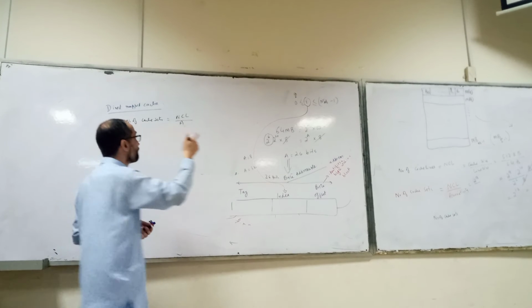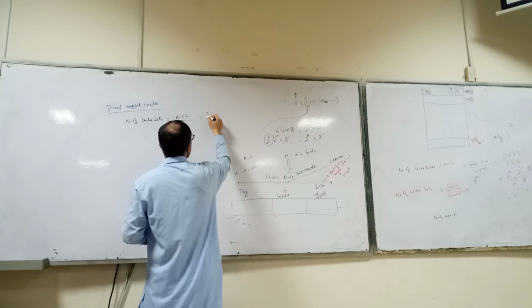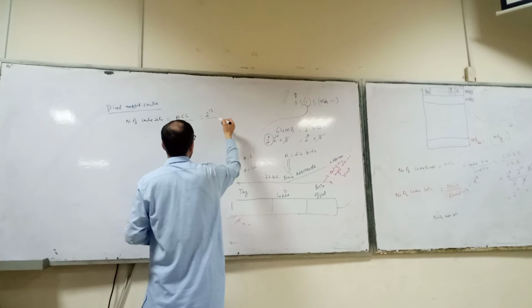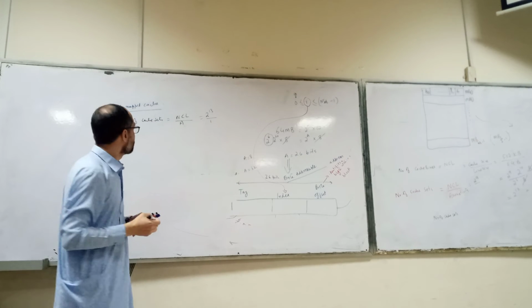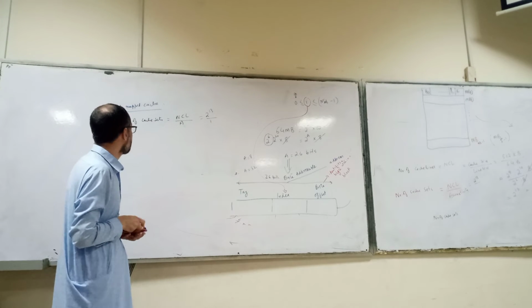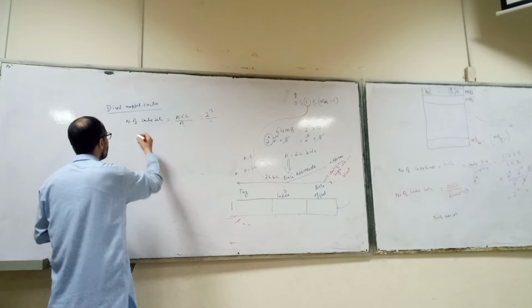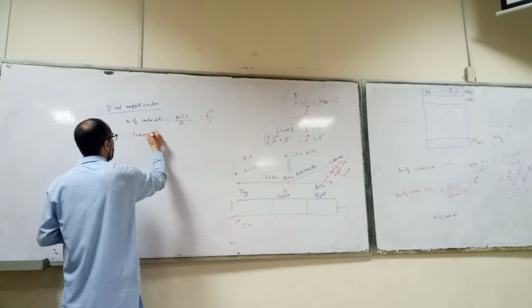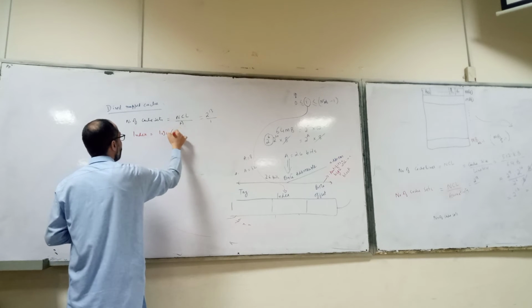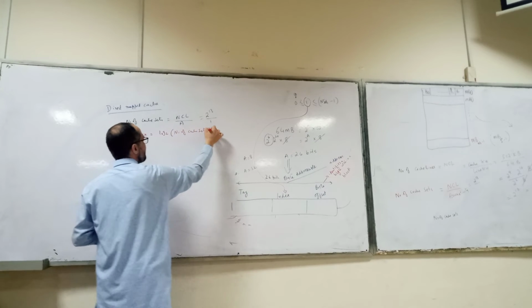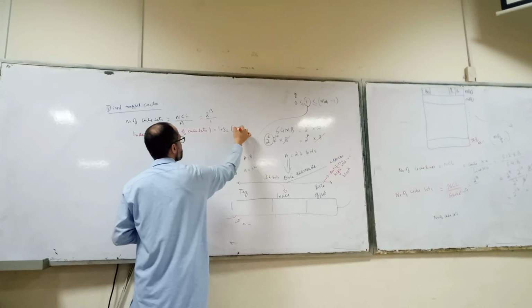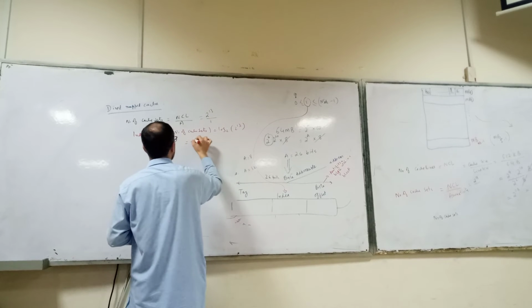The number of cache lines is 2 to the power 13, and the associativity is 1. So what is the index field? The index field is log 2 of the number of cache sets. Log 2 of 2 to the power 13 is equal to 13.